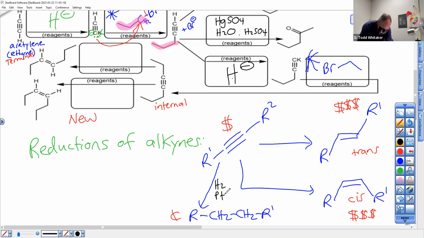So you think H2 would work here, and it doesn't. If you put H2 and Pt, it's clearly wrong. So there were many chemists that researched this, and they played with different catalysts. They needed to find one that would only react with the alkyne and not the alkene that you make in the first step. Because the first step in this reaction is to make an alkene, but then the alkene immediately reacts.